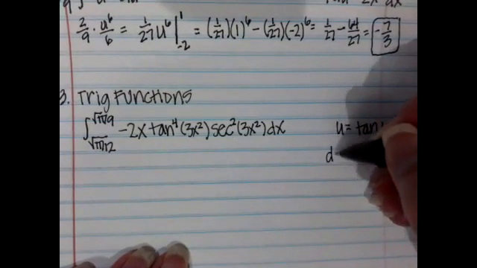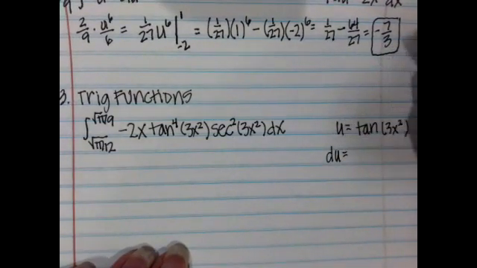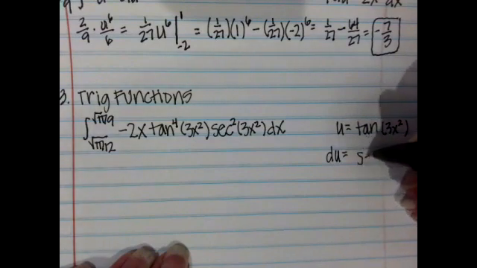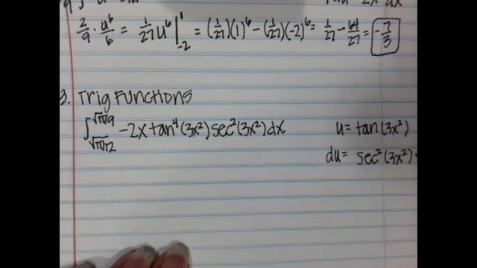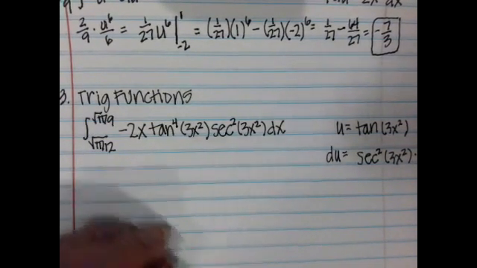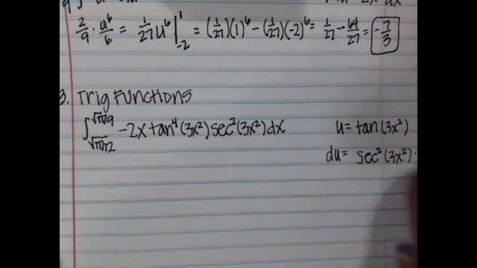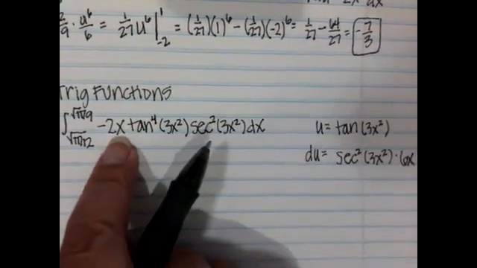So du equals secant squared 3x squared. And then power rule, derivative of 3x squared is 6x. And I'm going to look up here, and I need a negative 2x.